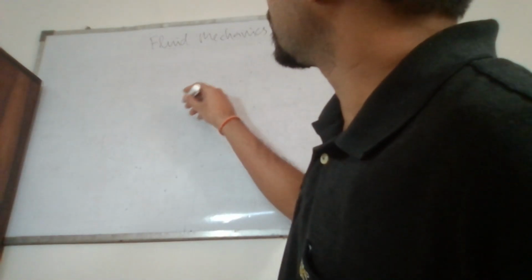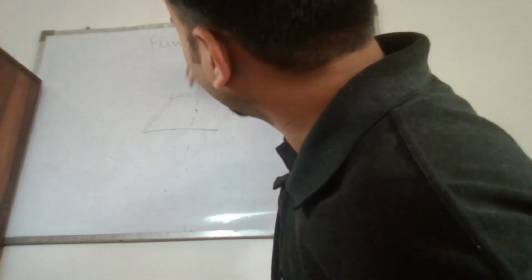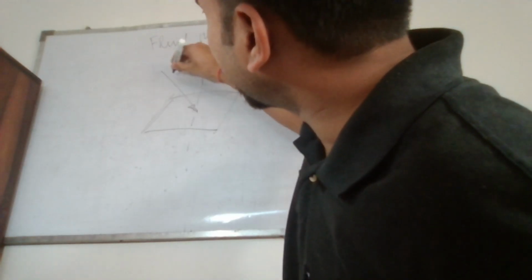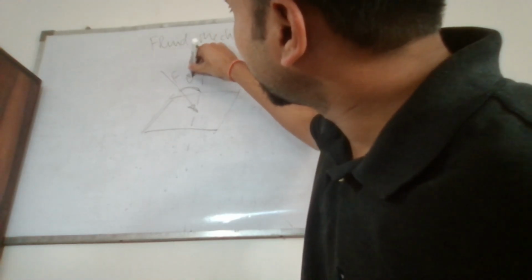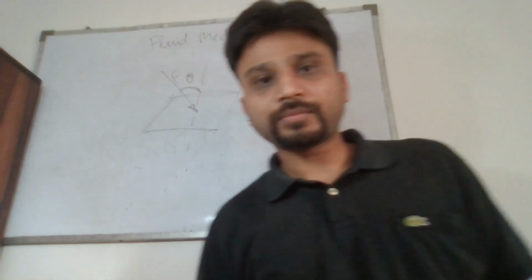Let's say that surface is drawn like this, a square surface. And on this square surface, I have some kind of force F acting like this at an angle theta, right?